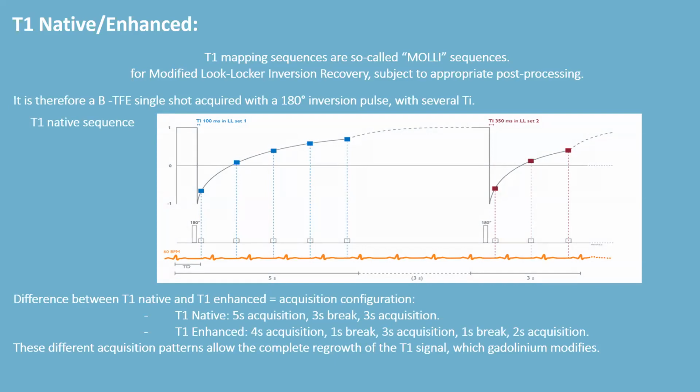The difference between native T1 and enhanced T1 is in the acquisition configuration. For native T1, it is 5 seconds of acquisition, 3 of break, and after that 3 seconds of acquisition. For enhanced T1, 4 seconds of acquisition and 1 of break, and 3 seconds of acquisition and 1 of break. This is the paradigm of the acquisition.